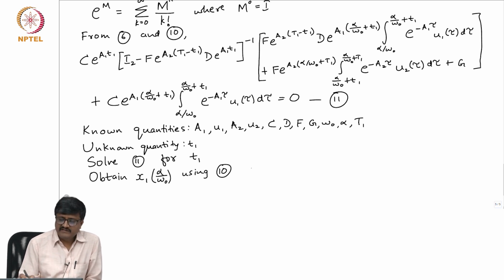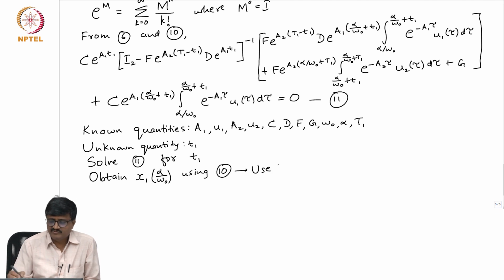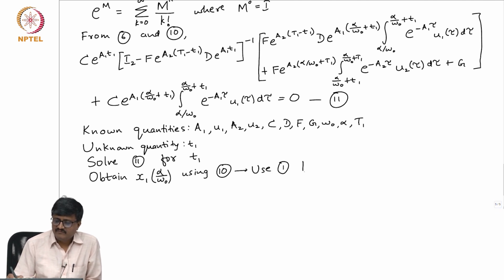Then from this, can I just use equation 1 for obtaining the solution in the first subinterval?